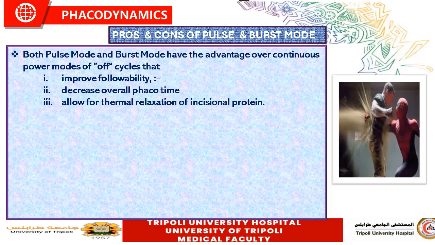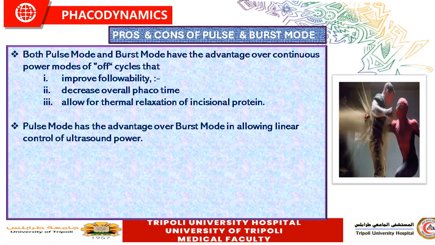However, the pulse and the burst modes both have advantages in improving followability. As I said earlier, during the off time of the duty cycle, the lens fragment will be attracted to the phaco needle by the vacuum, and this will improve the followability of the lens fragments, and this will lead to a decreased overall phaco time and less energy production.